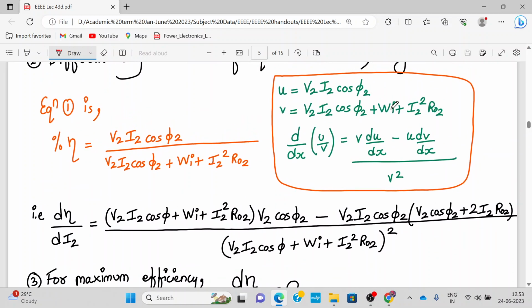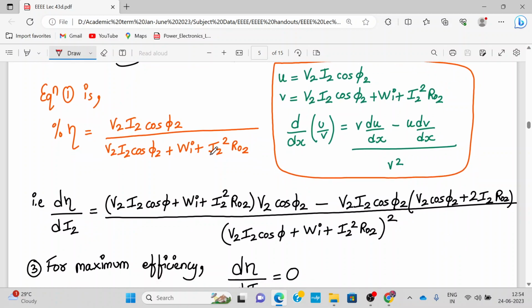The iron losses WI are not a function of I2, so they are constant, and the differentiation of a constant is 0. That's why we have not added that term here. All divided by v square.